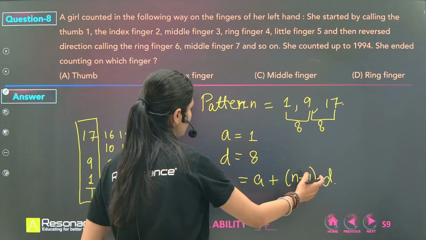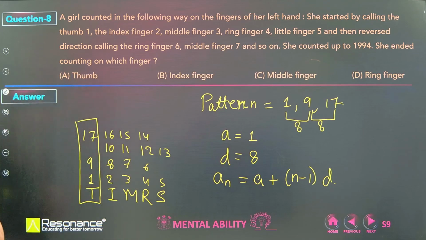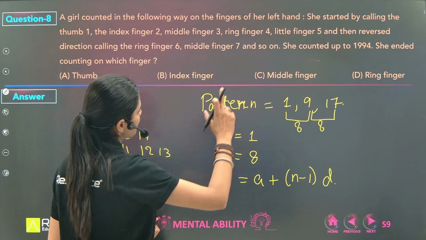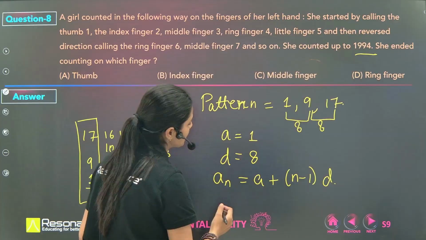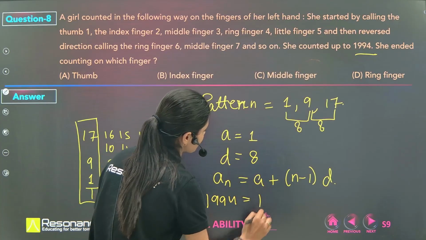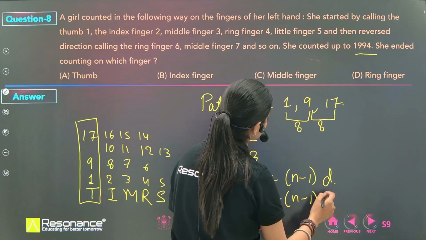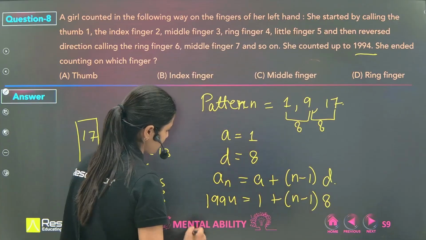What is d? d is the difference. We have to find which term she counted up to, so we have to find n, because we already have the last number. an is given, an is 1994. So this is 1 plus (n minus 1) times the common difference, which is 8.